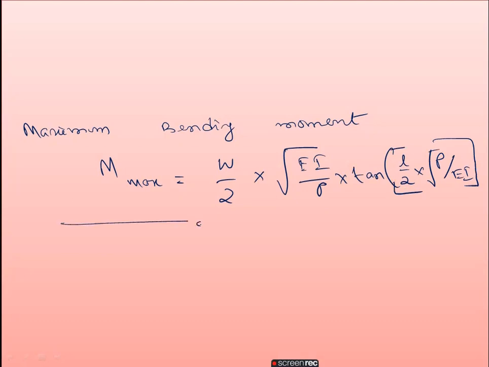This is the formula for calculation of the maximum bending moment. Now let us find each one. First we will calculate the square root of EI by P, then the square root of P by EI. Like that we will solve each and then substitute all the values to get the maximum bending moment. Let us find it first.